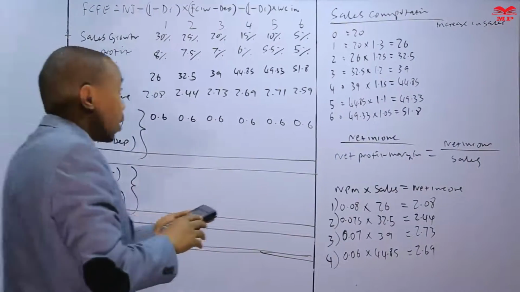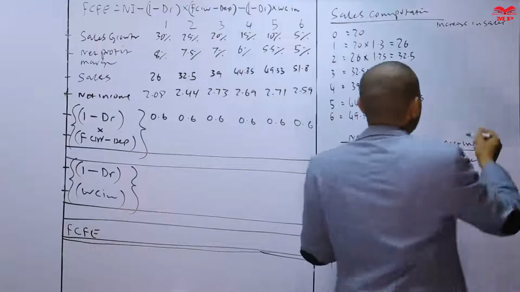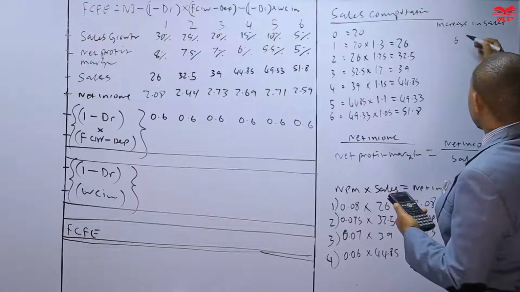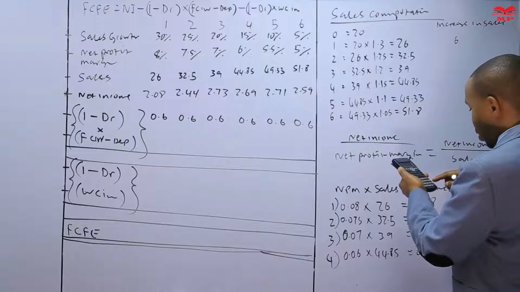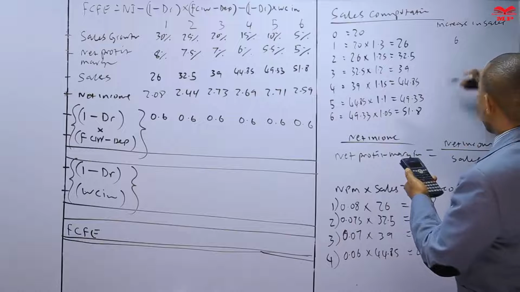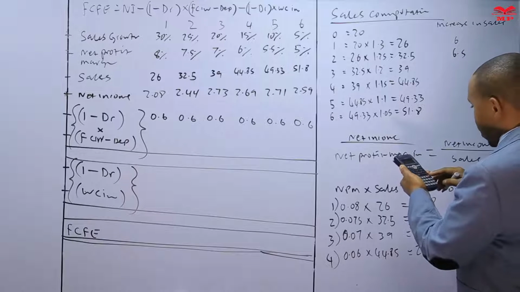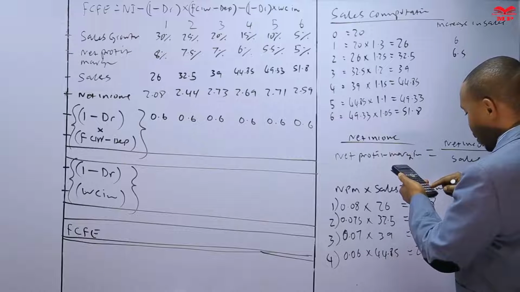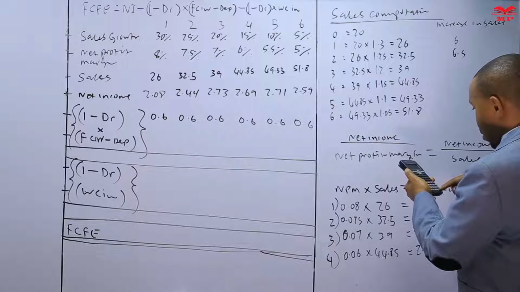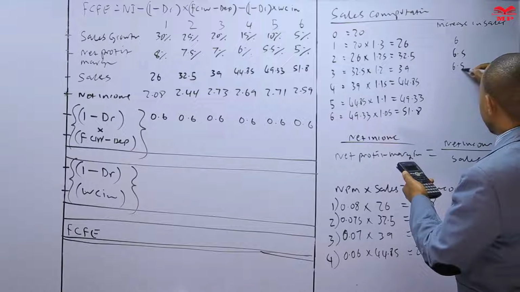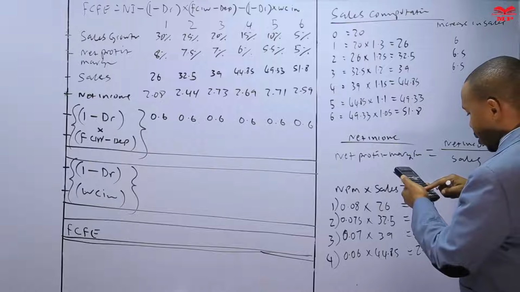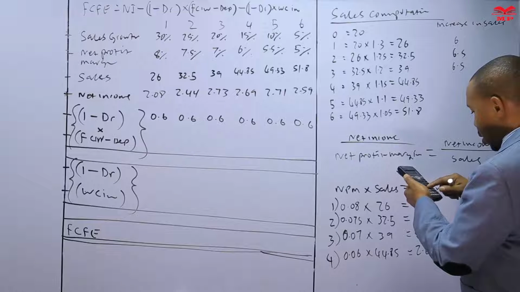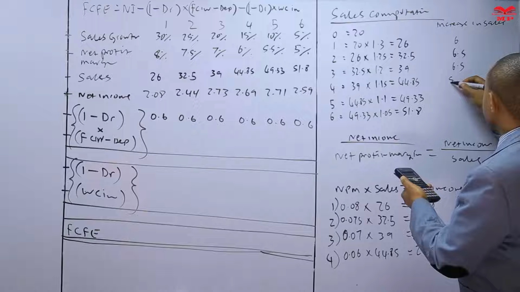So we have, in the first case, it is 6, and then 32.5 minus 26, 6.5, and then 39 minus 32.5, 6.5. Then we have 44.85 minus 39 gives 5.85.